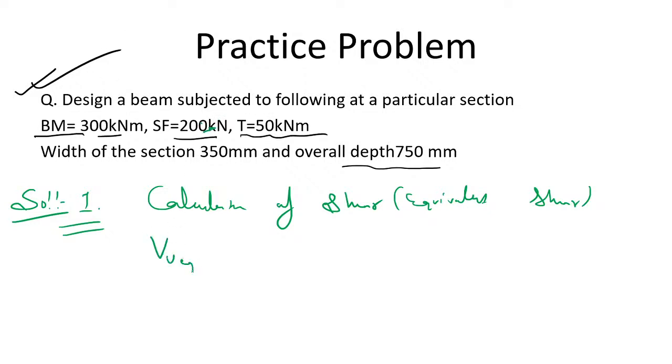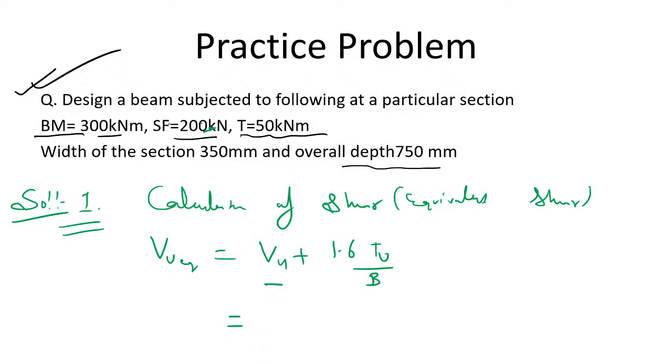VU equivalent is VU plus 1.6 TU over B. Guys, also learn here how to keep the correct units. Many a times you know the formula, but you don't know in what units you have to keep your values, so due to that your question becomes wrong. So see, VU is how much?